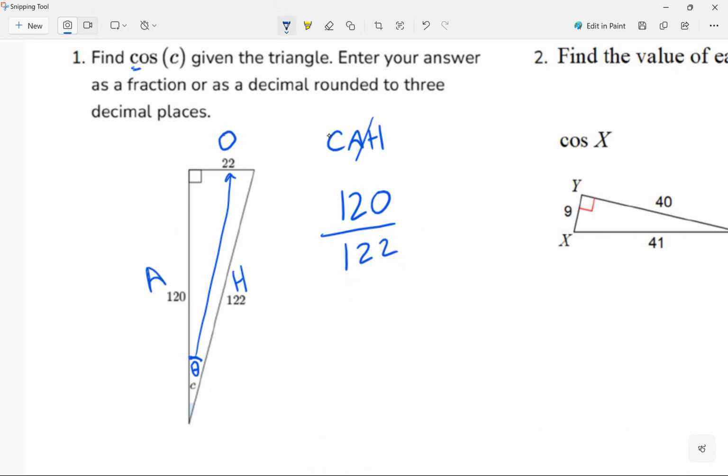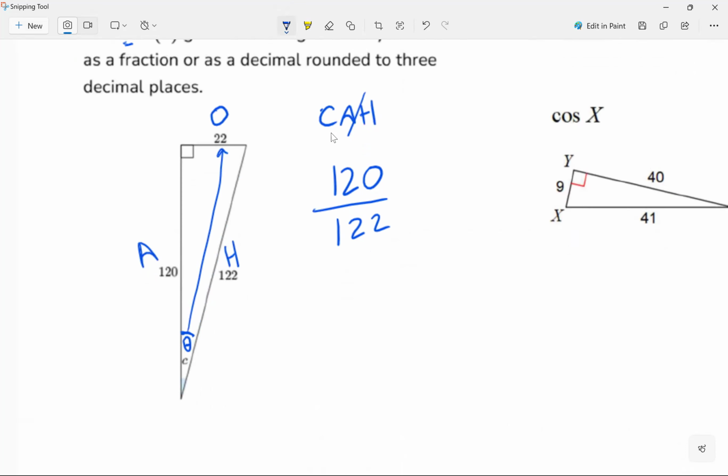However, if we're going to go as a fraction, make sure it's simplified. What do I mean by simplified? That I cannot divide the numbers by anything else other than one. In this case, 120 over 122 is not simplified. I can divide each number by two.